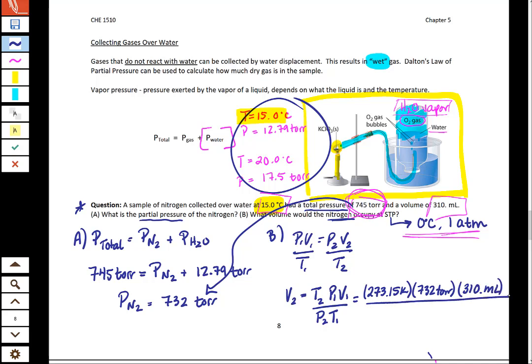Your P2 is going to be your standard pressure, which is 1 atmosphere, same as 760 torr. And your T1 is your 273.15 plus the 15 degrees Celsius, so 288. So you'll put all those numbers in, you'll notice that your units cancel, and you end up with a V2 of 283 milliliters.